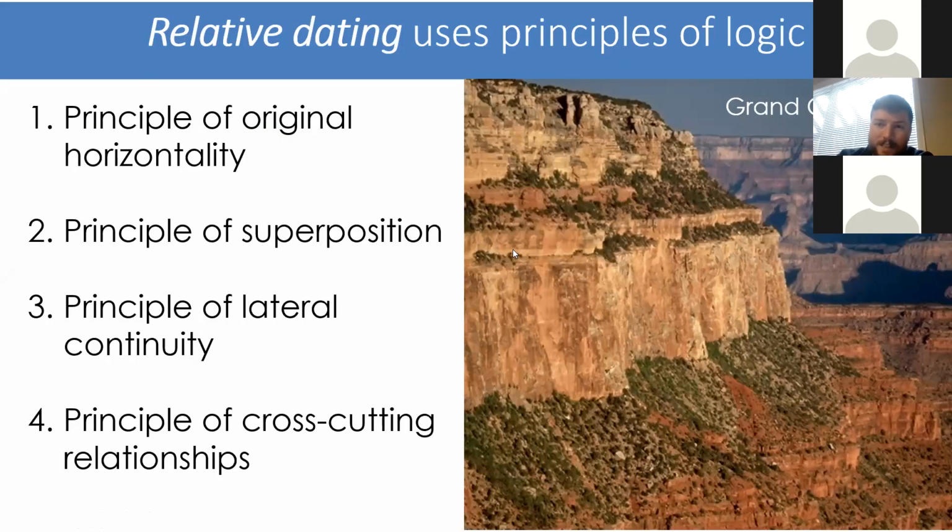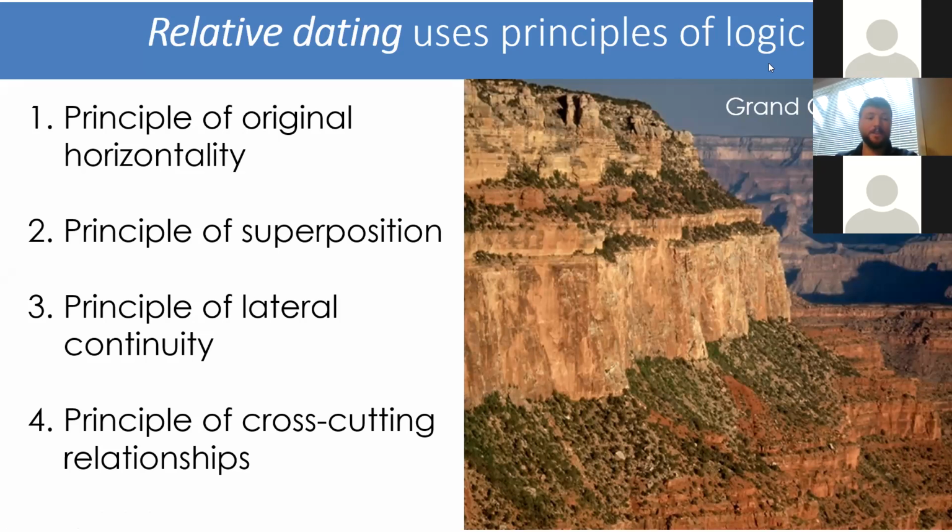So relative dating uses the same principles that all other geology uses. So we have the principle of original horizontality, which is everything is deposited in horizontal layers. The principle of superposition, which means that anything on the bottom is older than anything deposited on top of it.